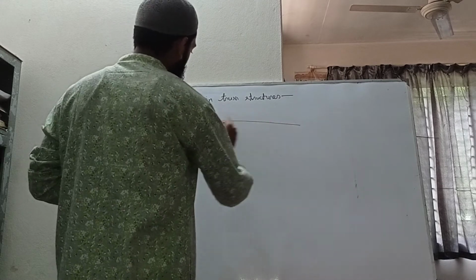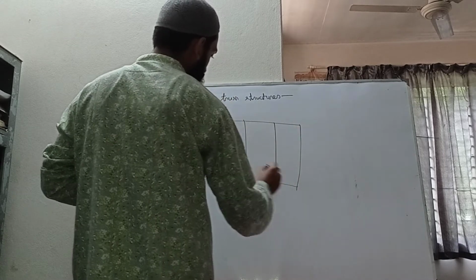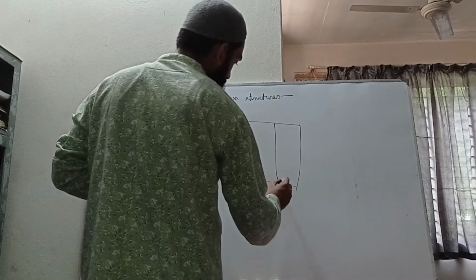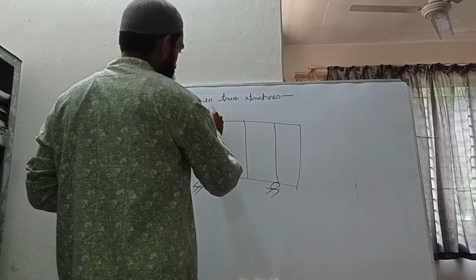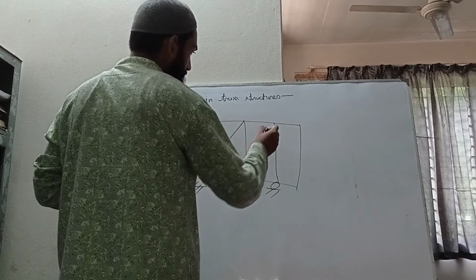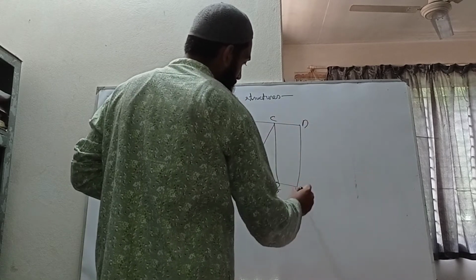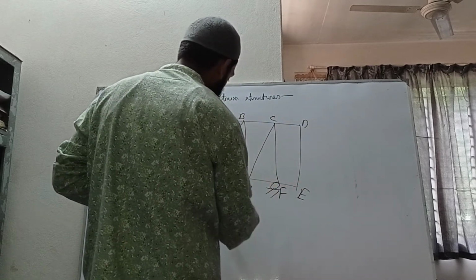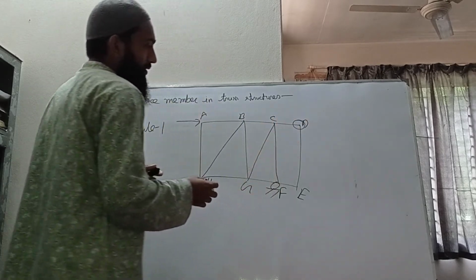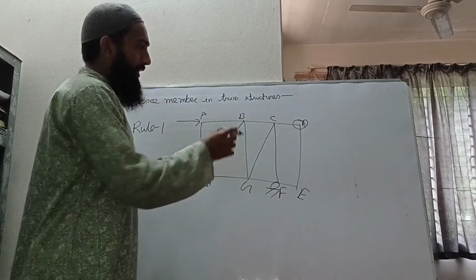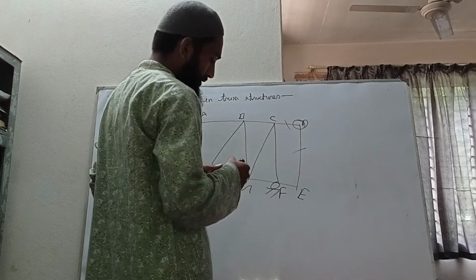Here at joint D there is no external load and the angle between them is not 180 degree. That's why both CD and DE members are zero force members.